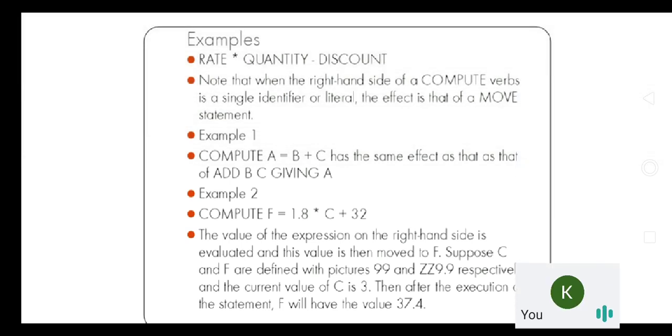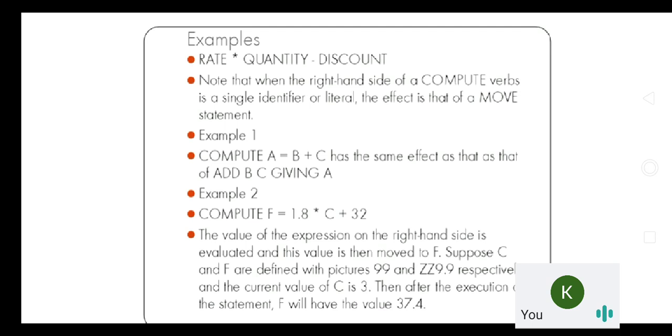After evaluating this expression, 1.8 into some Celsius value plus 32, the resultant value will be stored in F. So the value of the expression on the right hand side is evaluated, and this value is then moved to capital F. Depending upon the identifier and the picture class that you use, the corresponding results will be stored in the identifier capital F. Okay.